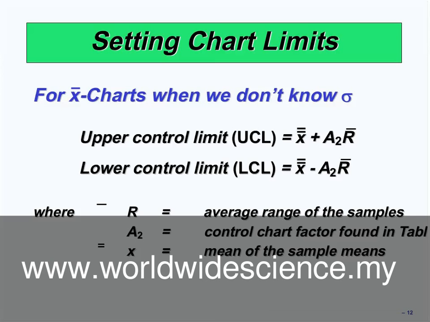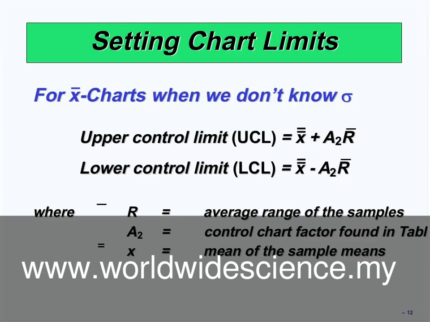X bar is clear, as I told you. X bar can be calculated very easily. A2 should be selected from the table, and R bar should be calculated. I tell you how you can do it. This is the table.